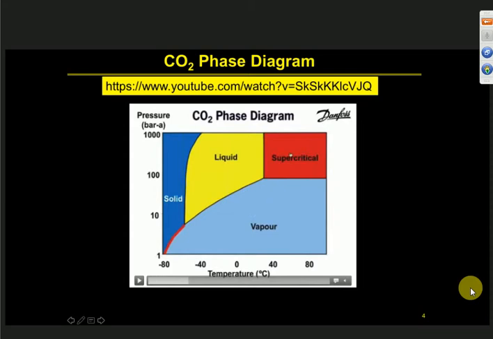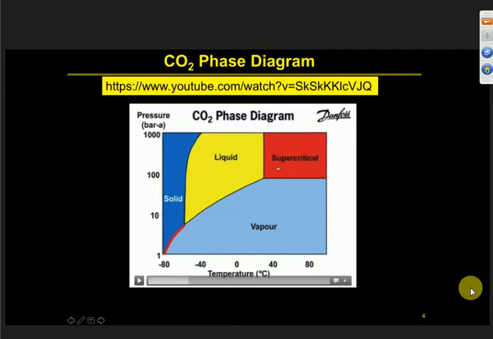And then there's one more phase. There are 3 phases: solid, liquid, and vapor. We all know and study this. And there's a 4th phase called the supercritical phase. So what is this phase? As you see here, this line is the phase boundary between liquid and vapor.